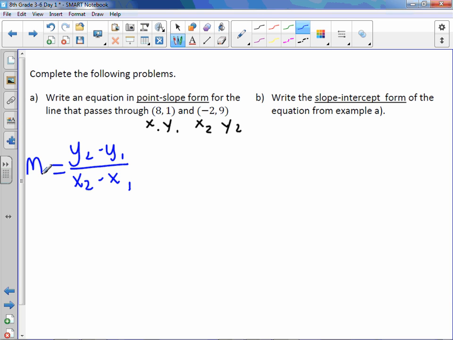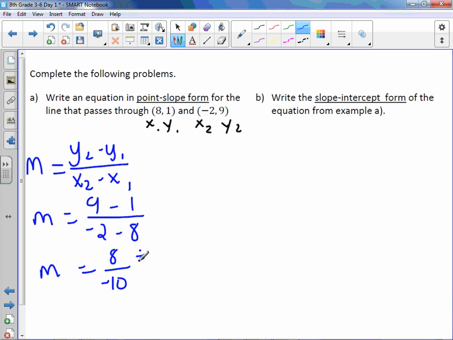So plug in your values. m equals y2, which is 9, minus y1, which is 1, over x2, which is negative 2, minus x1, which is 8. m equals 9 minus 1 is 8, and negative 2 minus 8 is negative 10. And I'll reduce it. I'll divide by 2 and get our slope as 4 over negative 5, or simply negative 4/5. I can pull that negative sign right out in the front.